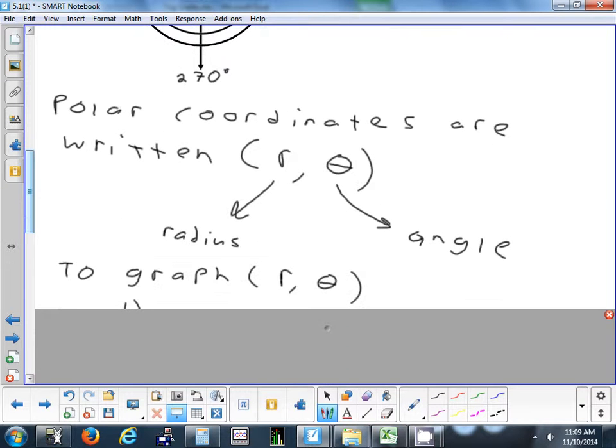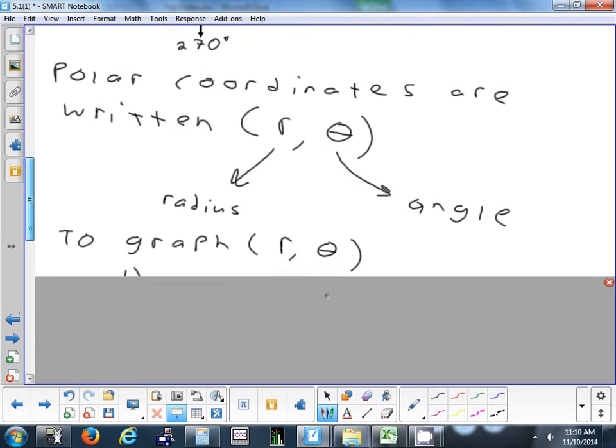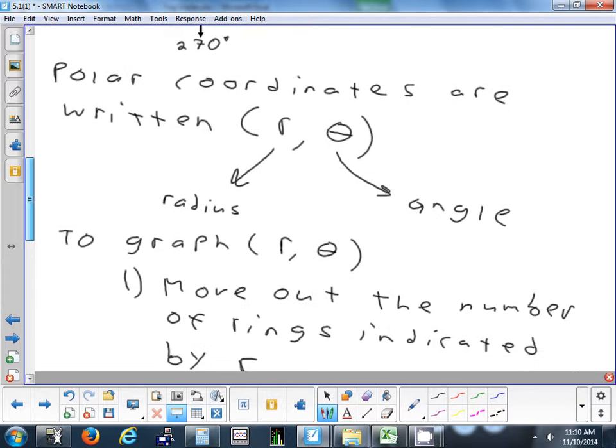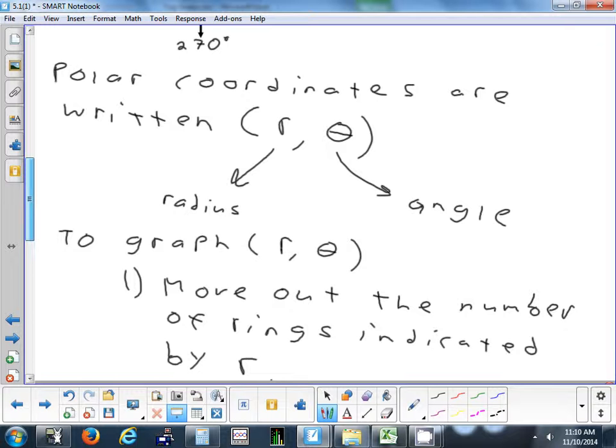So what we'll do is I'll give you the directions on how you graph a point, and then we'll just practice very basic, how do you graph a point? First thing we have to do is move out the number of rings, number of circles, indicated by r.